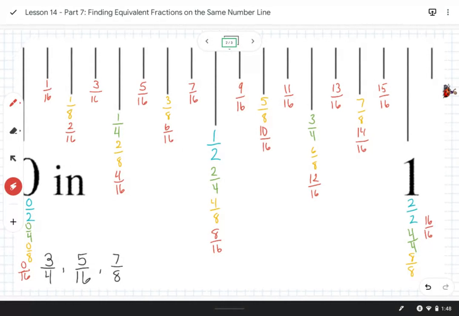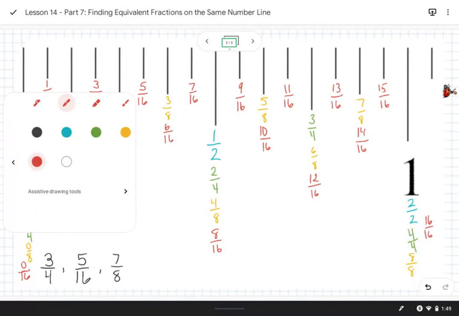I can use this number line to do that. How? Well, the fractions that are closest to 1 will be greatest, right? The further along you go in this number line, the bigger the fractions get, starting at 0 and moving to 1. So let's go ahead and just find these 3 fractions, 3/4, 5/16, and 7/8.